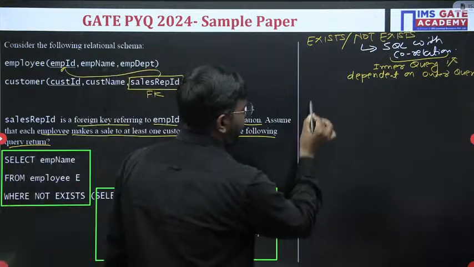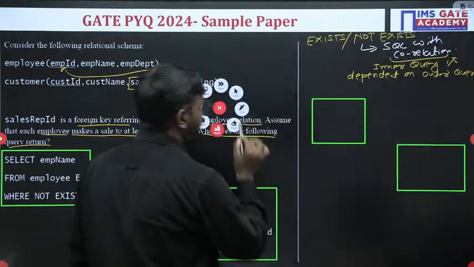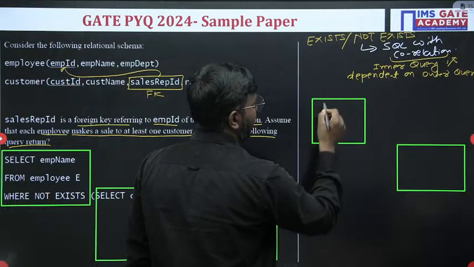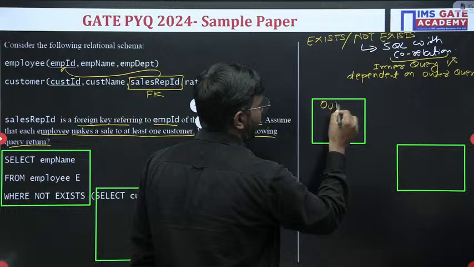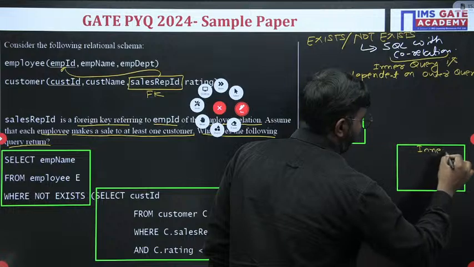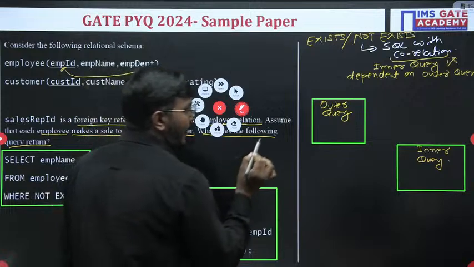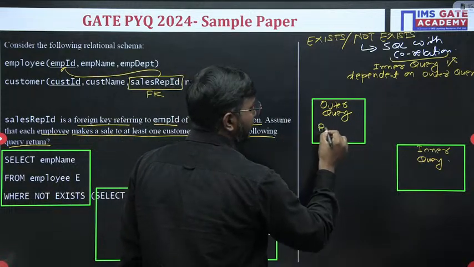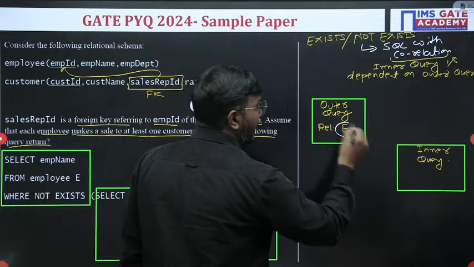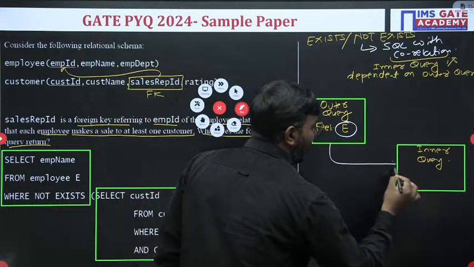Now let's see the execution. Assume this is our outer query and this is our inner query. Be careful here. From the outer query the relation used is E. From that relation E we take one record at a time and execute the inner query.